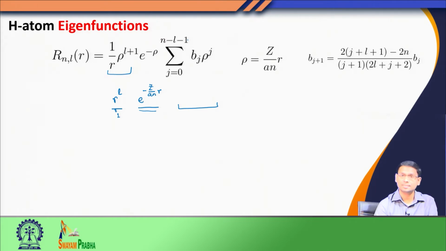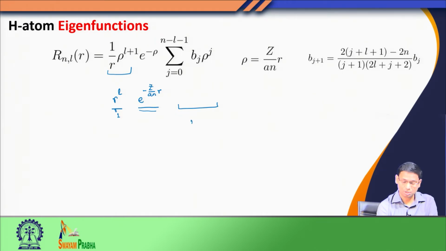So, it was 0th order, that means it was a constant. When it was 2s, it was 2 minus 0 minus 1. So, it was b 0 plus b 1 rho, a first order term, and so on. When you go for higher values of n, you would see higher order polynomials coming out.